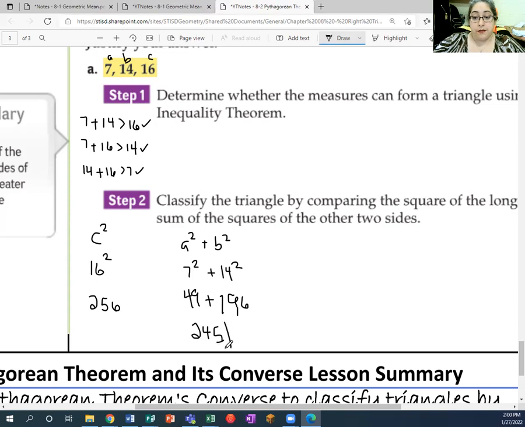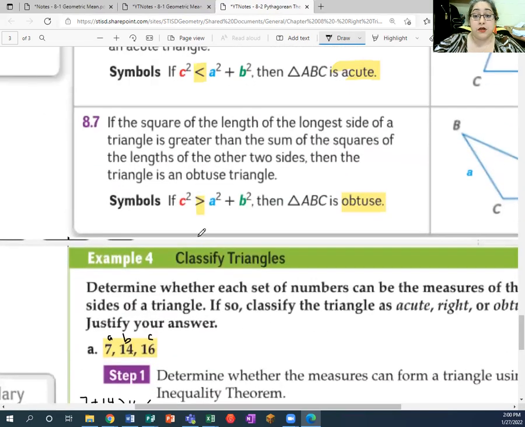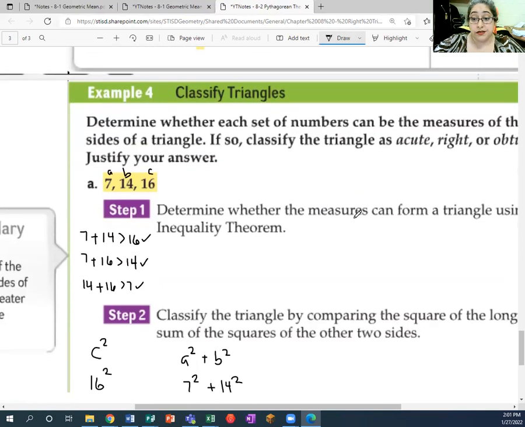All right, I'm going to compare these two values. Which one is bigger? C squared is bigger. Now, looking back up at my theorems, when C squared is bigger, the triangle is obtuse.